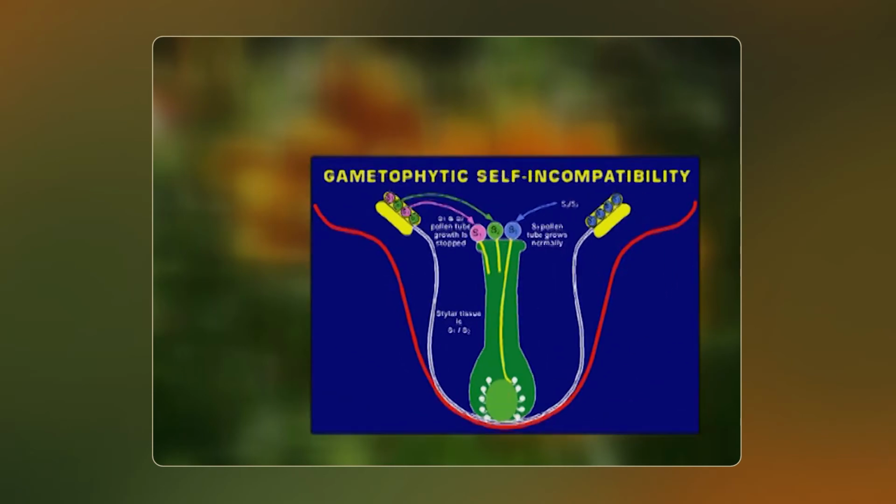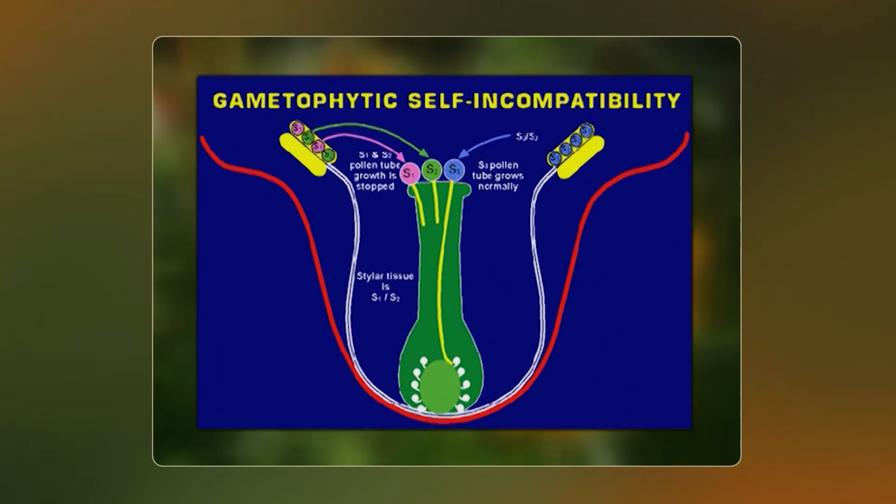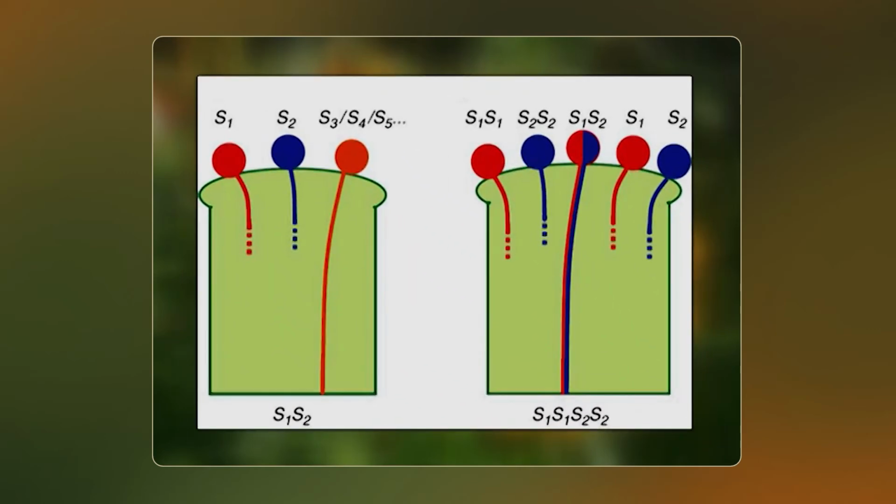In species with gametophytic incompatibility system, both compatible and incompatible pollen are allowed to germinate and grow pollen tubes into the style. The growth of the incompatible pollen tubes is, however, arrested in the style once it reaches one-third length of the style.